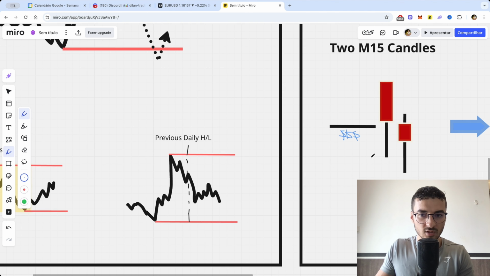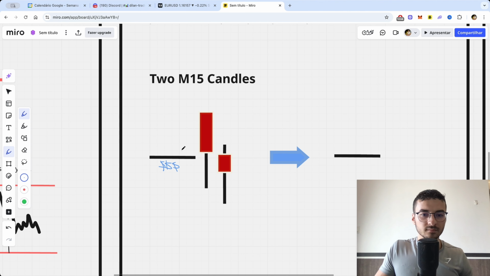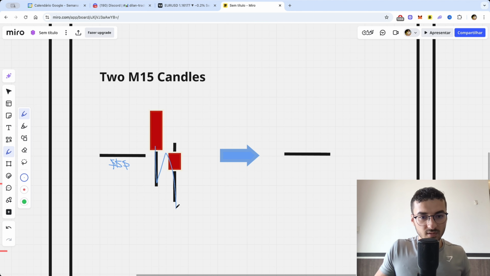Just right here, we're going to take the buy example, and you have price sweeping it, and just as it sweeps it, you see that price comes back up, and off of this reaction or some break of structure in this action right here between this last candle and the opening of this following one, you'll see that people will anticipate the retracement, will anticipate the move of the liquidity sweep, and so then they will get stopped out by the second one, and the price will deliver the move afterwards.